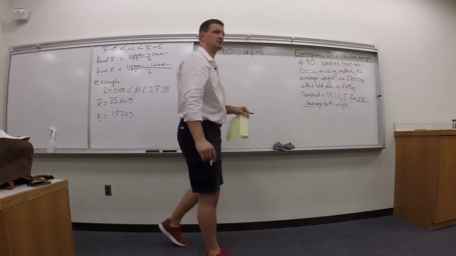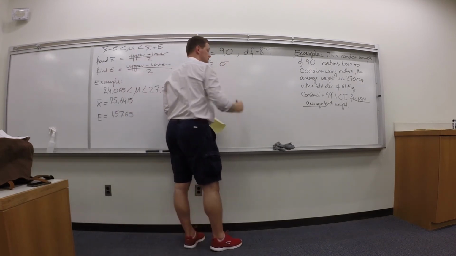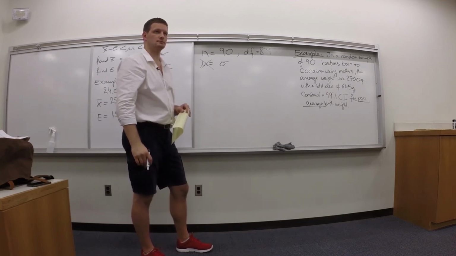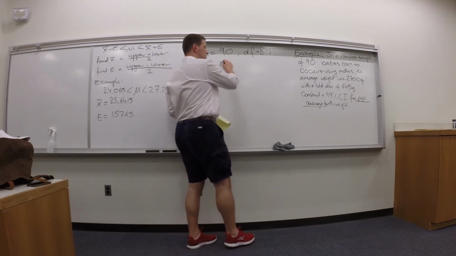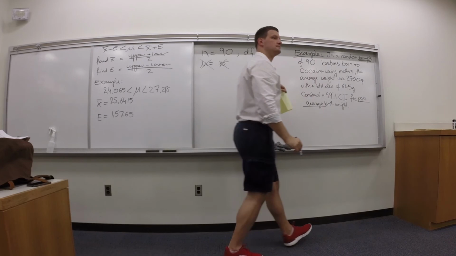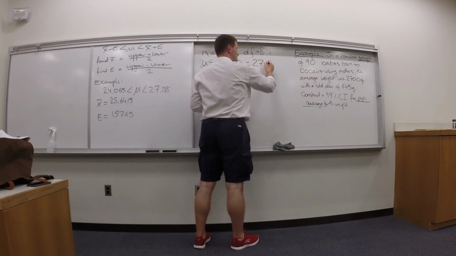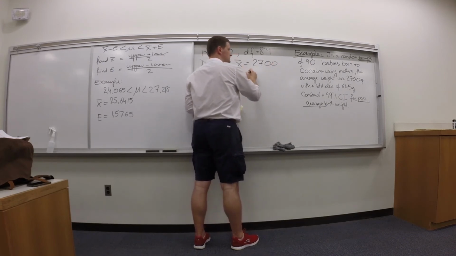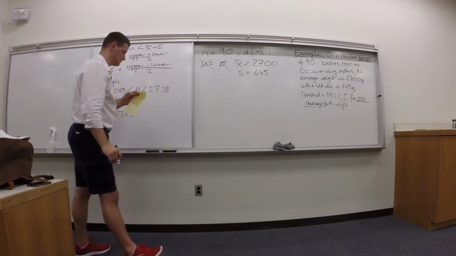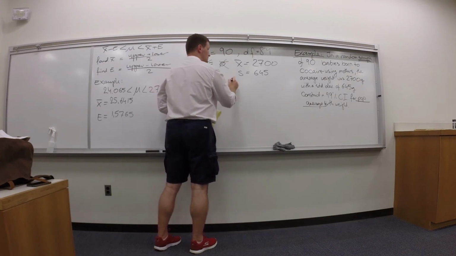You're looking for population average, right? So we have no mu. How about sigma? No sigma either, because both of those numbers refer to the sample. So instead what you have is x bar at 2700 and s at 645. And then we have an alpha at 0.01.